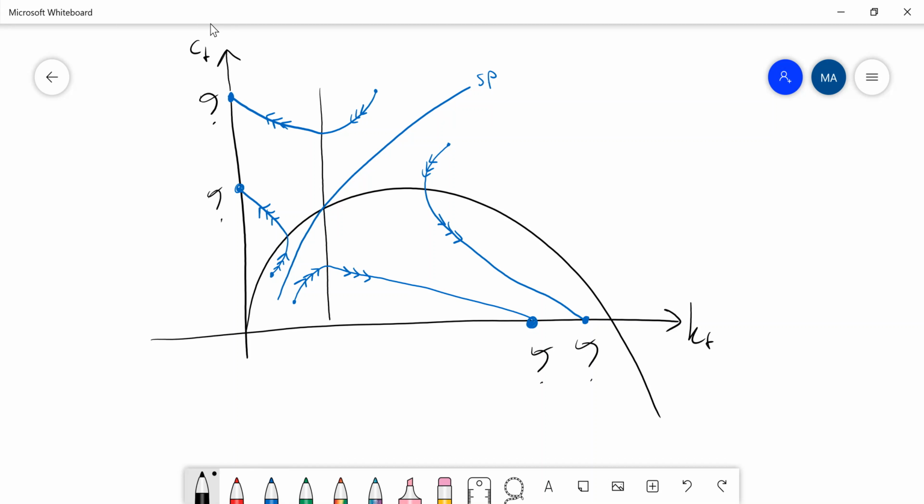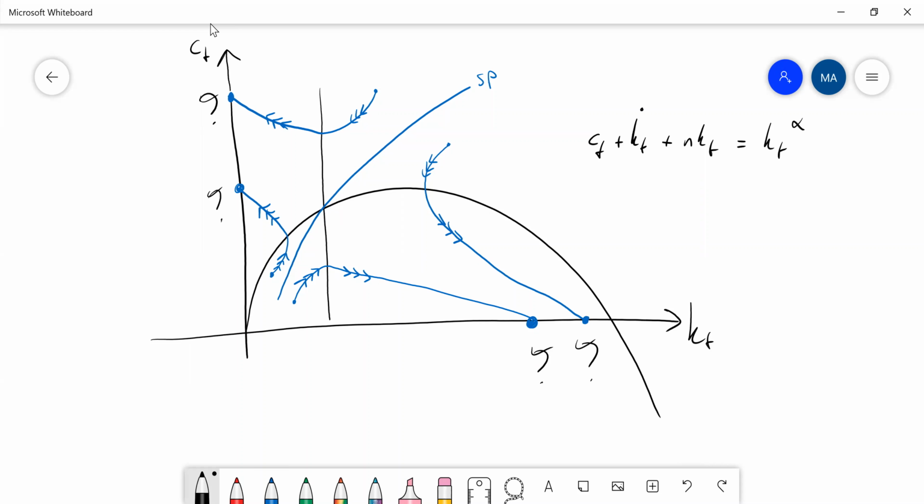The problem is this. Your budget constraint could be written in this way. This is a different way to write the same resource constraint.